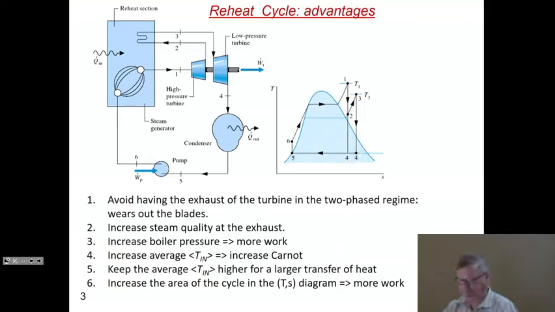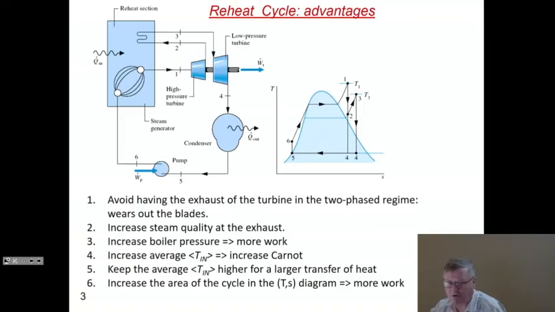The second thing you do is the increased boiler pressure, because you can work at this higher pressure for a longer time, that increases the amount of work you do. In fact, this is point number 3, but it's also point number 6.